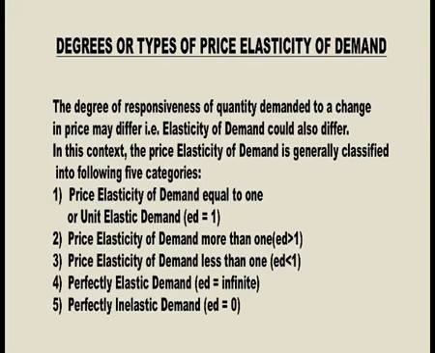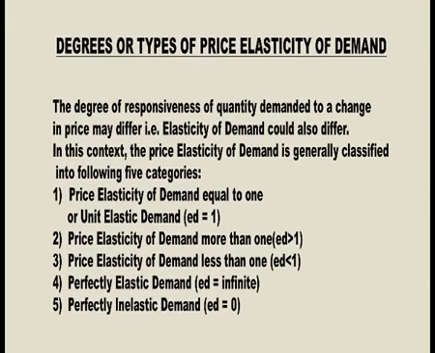There, the price elasticity of demand will be equal to 1. Second, the price elasticity of demand more than 1. Third, price elasticity of demand less than 1. Fourth, perfectly elastic demand. That means the elasticity of demand is infinite. Fifthly, the perfectly inelastic demand.